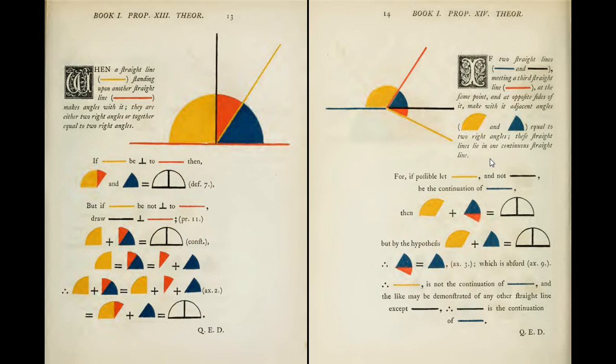The lines lie, oh, I see. He's done. This is the only if part of this. Right? Here we've taken a line, cutting a straight line red, and that produces something that adds up to two right angles. This is going the other way around.